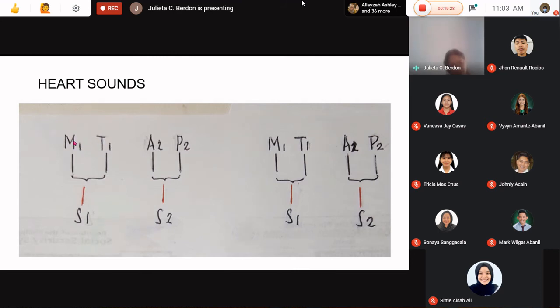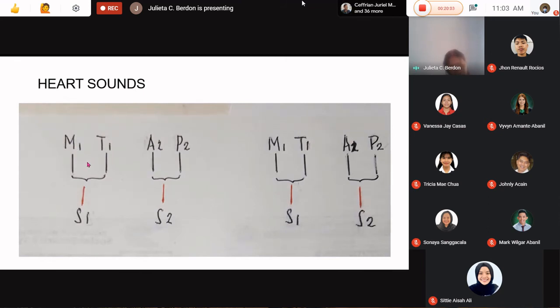But you cannot hear them separately. You hear only one sound. Did you hear your first heart sound as separate? You hear it only as one sound. Why? Because the distance between your M1, the closure of the mitral valve, and the tricuspid valve is less than 20 milliseconds.